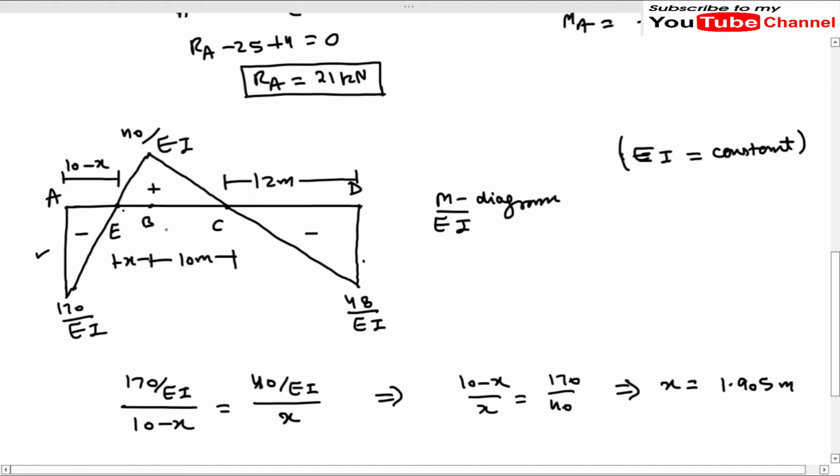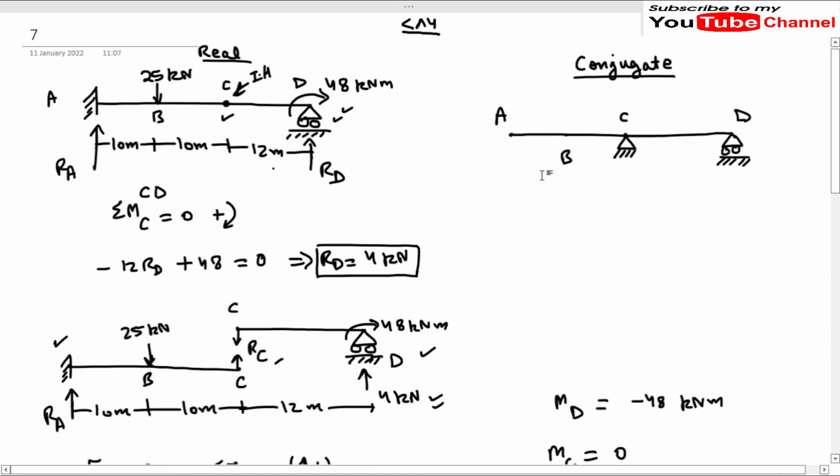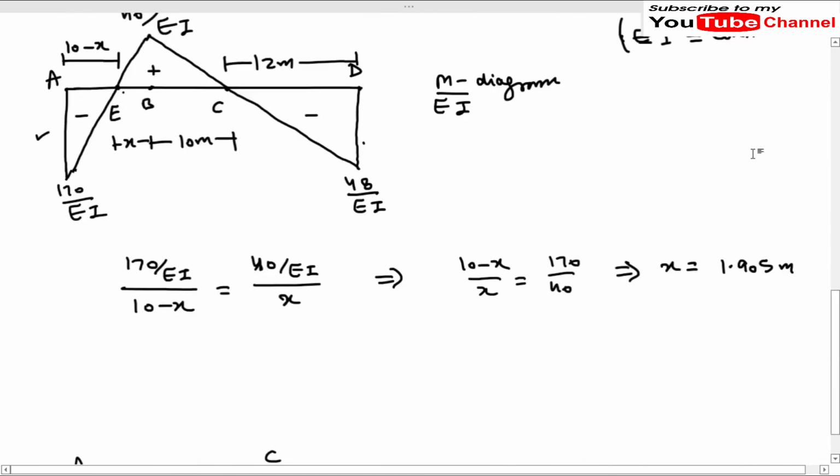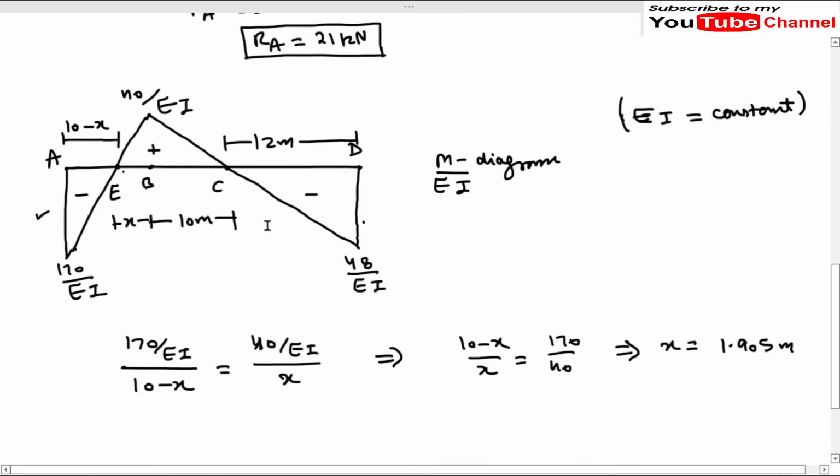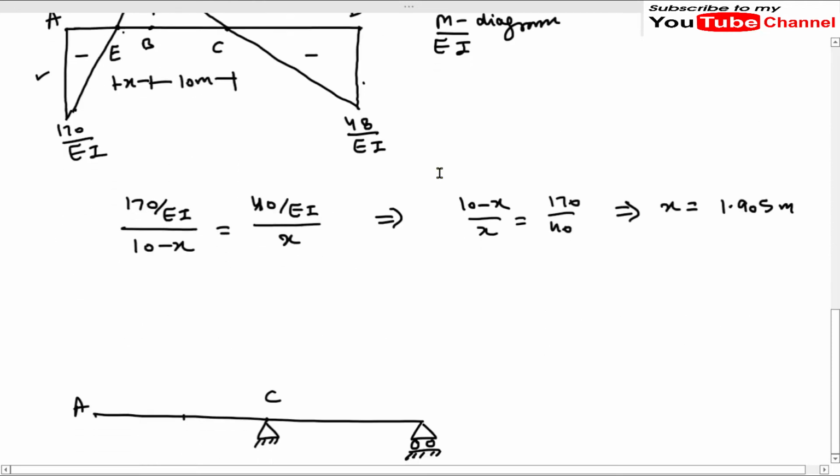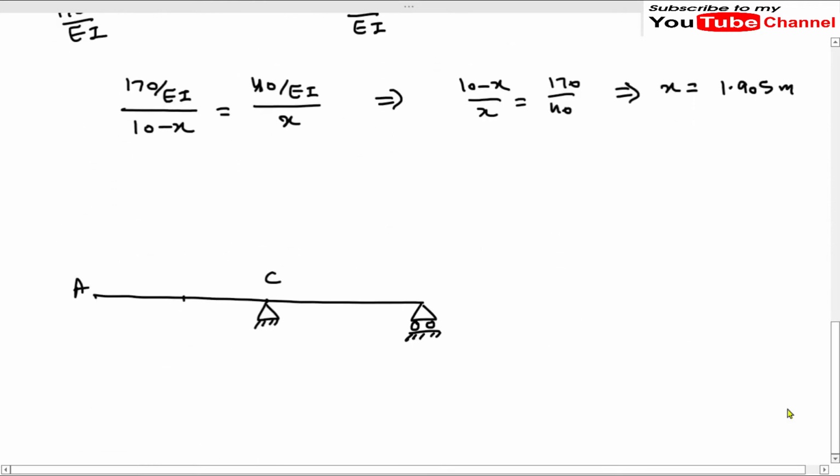Now we know all information about this M by EI diagram, so we can apply this M by EI diagram on the conjugate beam as our loading. But one important thing to be noted here is what will be the direction of the loading on the conjugate beam. First I have drawn the conjugate beam here, and I will apply the M by EI diagram as loading.